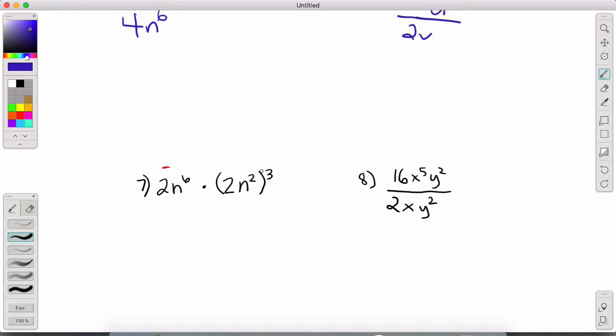First thing I want to do is deal with this part here. So I'm going to go 2 to the 3rd power, 2 times 2 times 2. And I also have n squared to the 3rd power. Now along with that, I also have this 2 and 6 more n's.